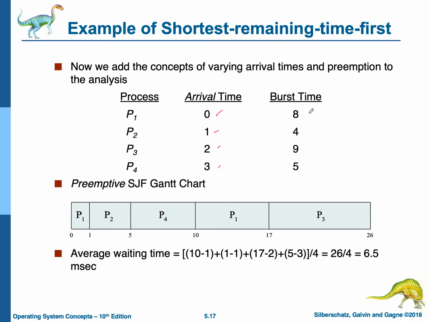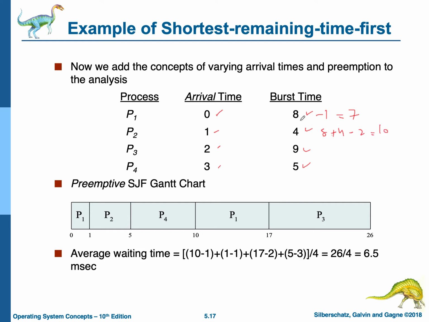Now suppose I say that first P1 will go, then P2, then P3, then P4. P2 has to wait the P1 time minus its arrival time, so it has to wait 7 seconds. P3 has to wait 7 plus 8 plus 4 minus 2, so 10 seconds.